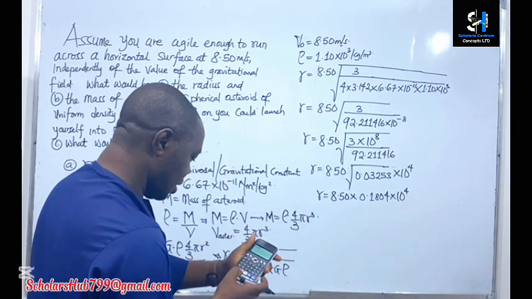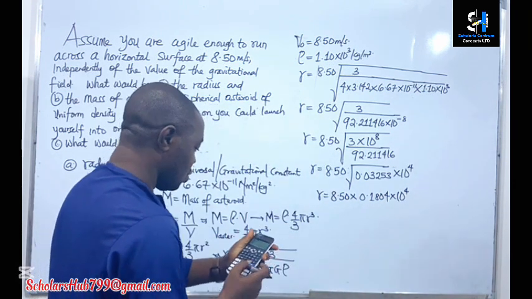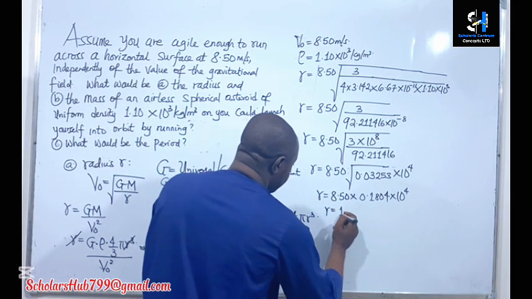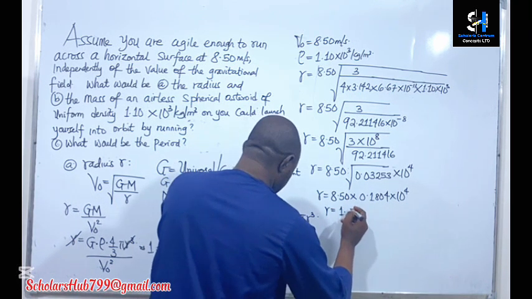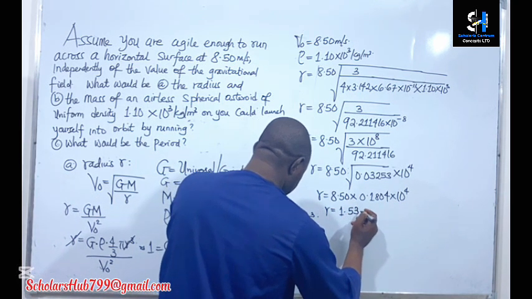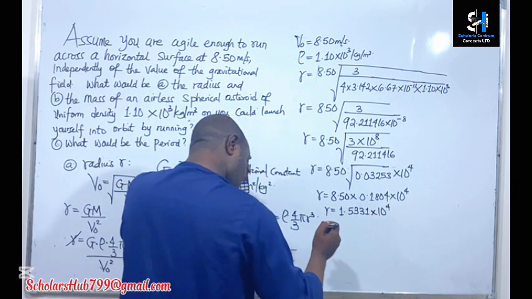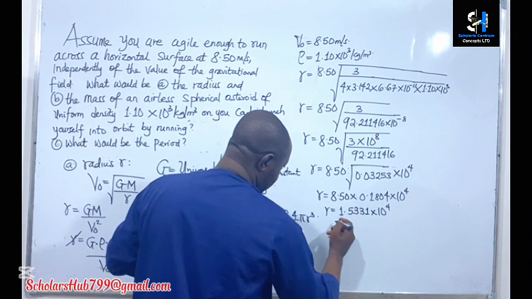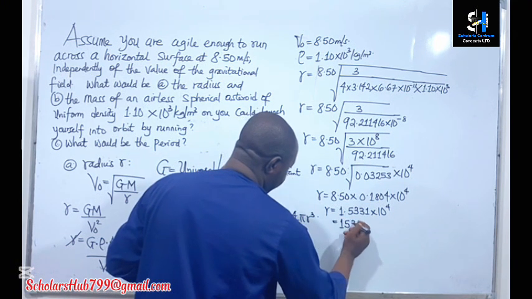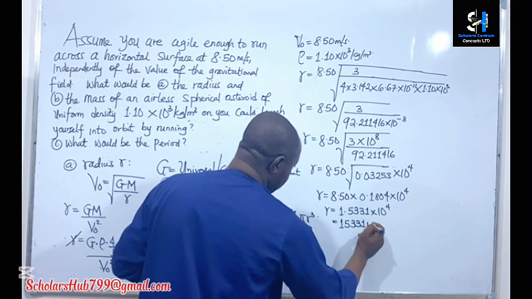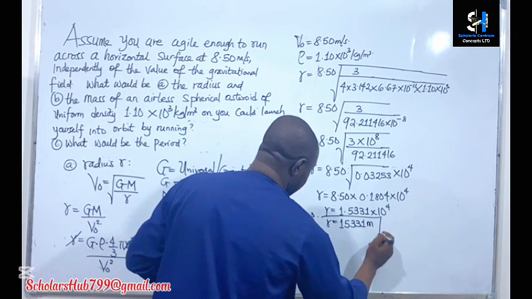When multiplied by 8.50, r will be 1.5331 times 10 to the power of 4, that will be 15331 meters. So this is the radius.